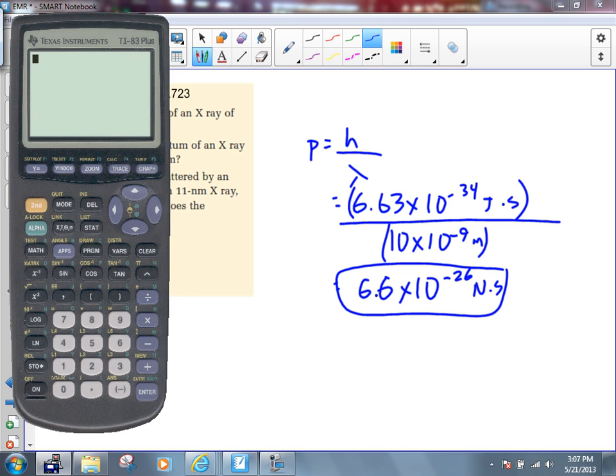Okay, let's say 6.63 times 10 to the minus 34, divided by 10 times 10 to the minus 9. Oh, that gives me way different. Oh, yeah, 10 to the minus 34 it should be. 6.63 times 10 to the minus 34.